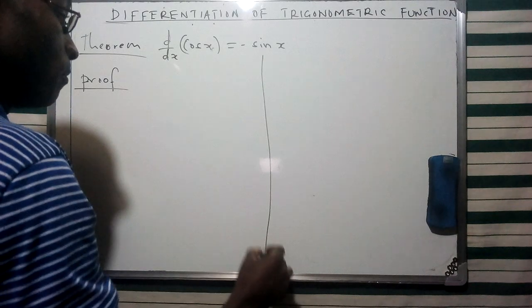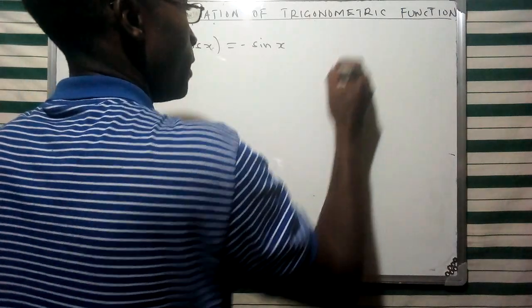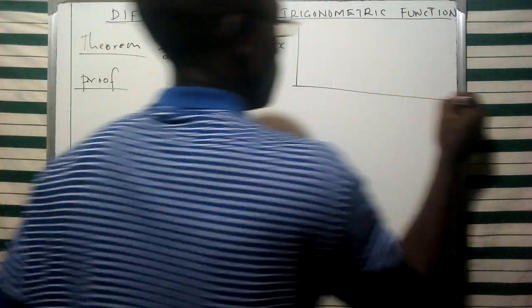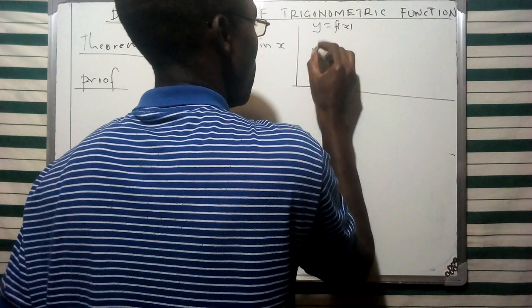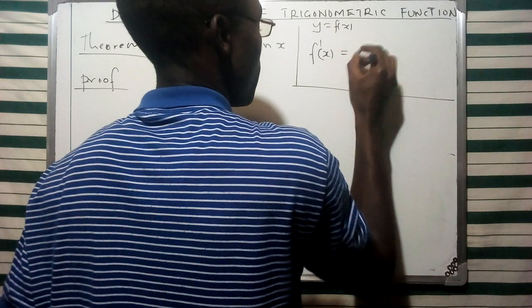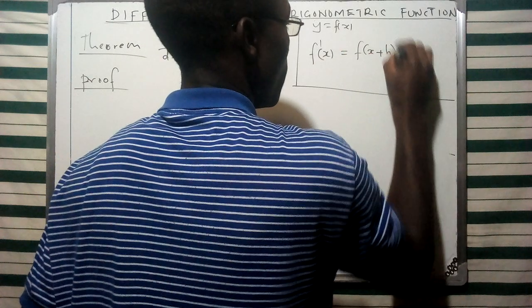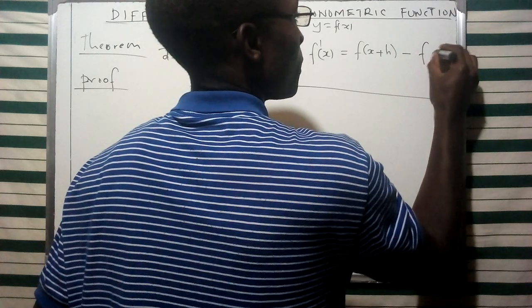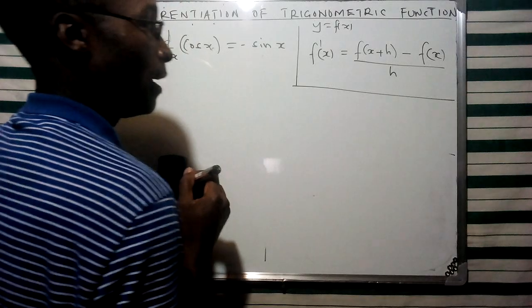So I'm going to have this represented in this specific form. In our last discussion, I mentioned that if we have a function y = f of x, we can find its derivative, which is f prime of x, as f of x plus h, where h is a small increment or a small difference in x.